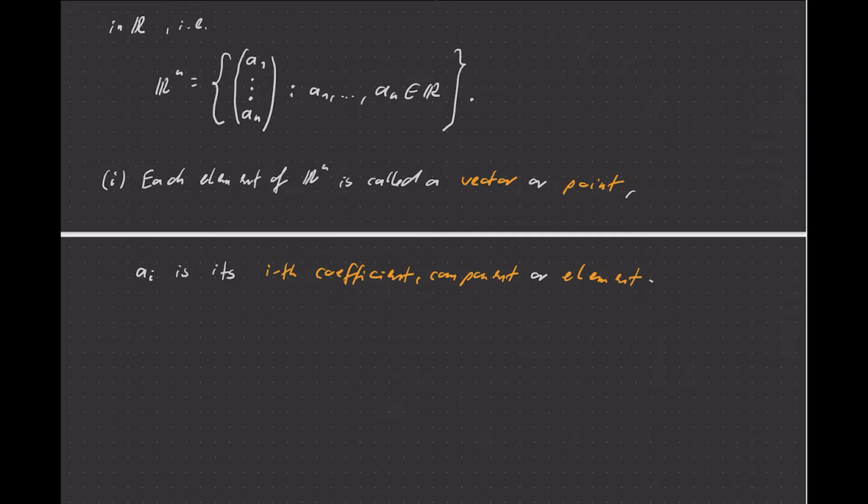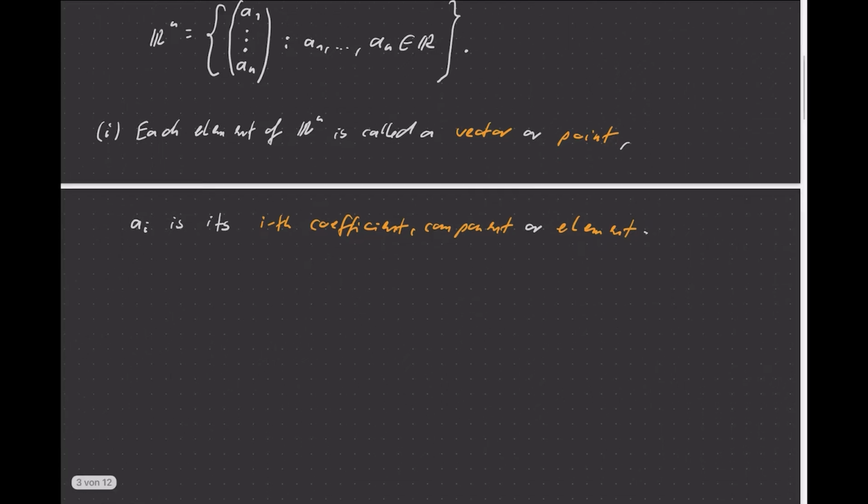Sometimes we want to emphasize the difference between a vector and just a number, a real number. And that is why sometimes we'll refer to a real number as a scalar in contrast to a vector.